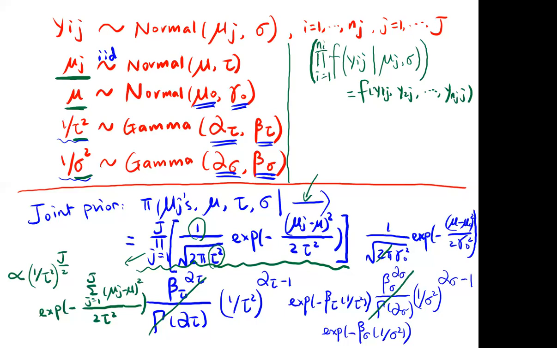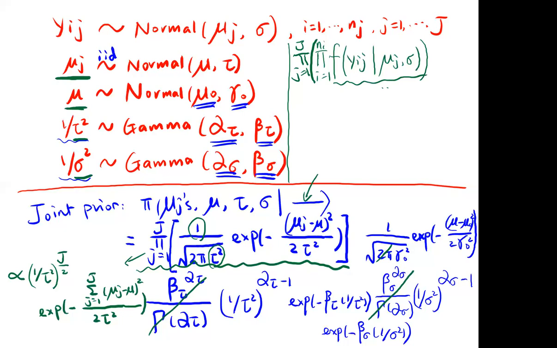And we have capital J number of groups. So what you do is you're just going to put one more product out of this. So you're getting all of the J's. Okay? And then, of course, this f is the normal density. So you express whatever that is.